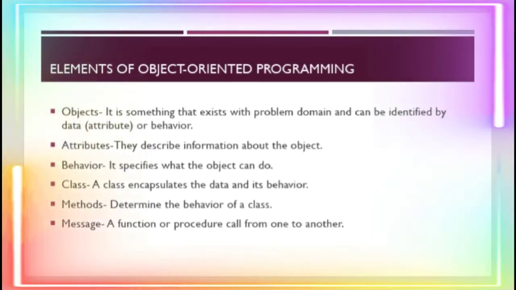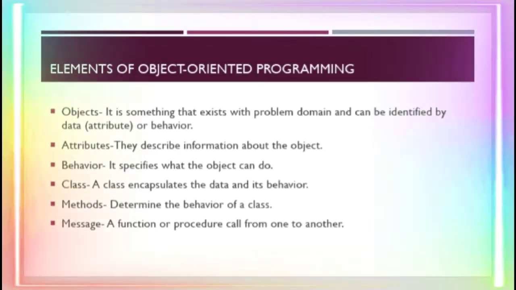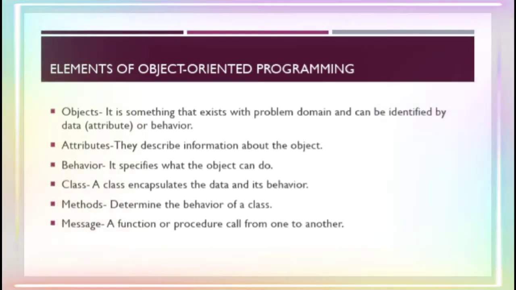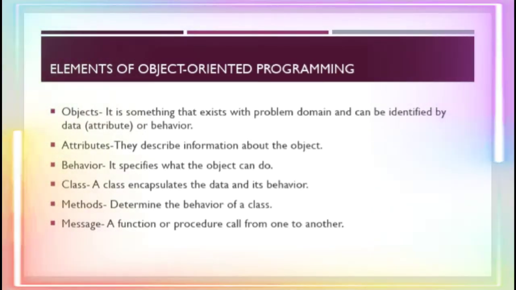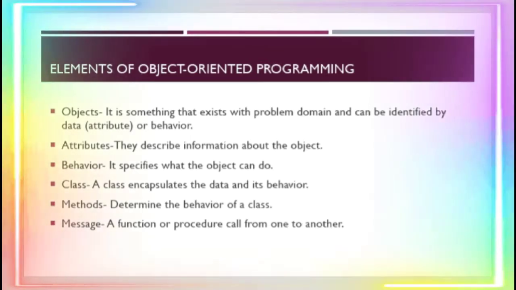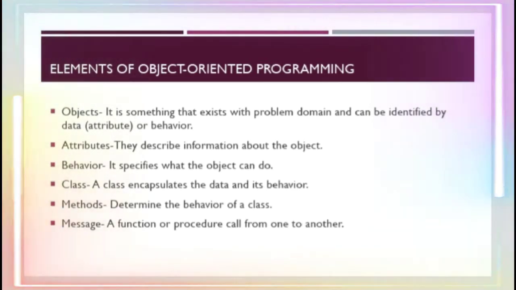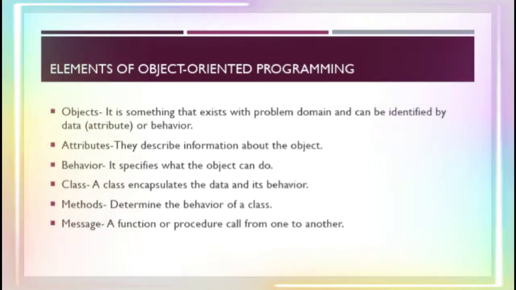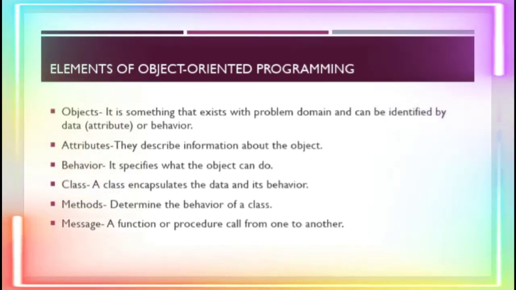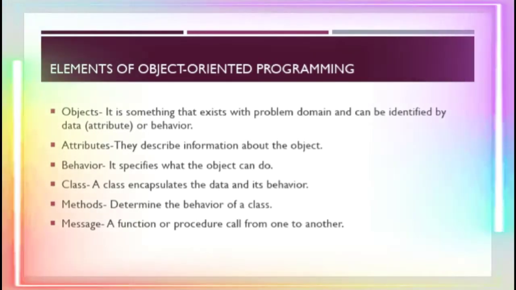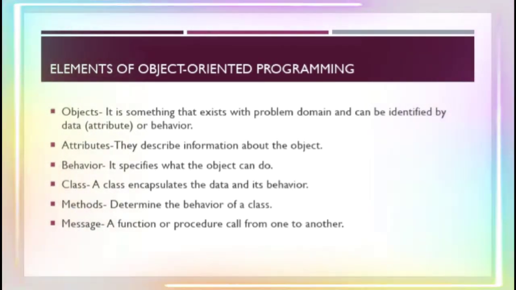The following are elements of object-oriented programming. First is the objects. It is something that exists within the problem domain and can be identified by data attribute or behavior. Second is attributes. They describe information about the object. Third is the behavior.